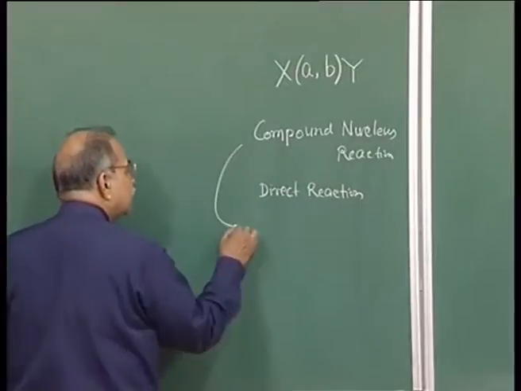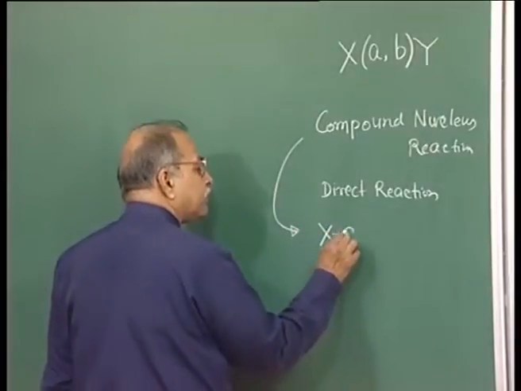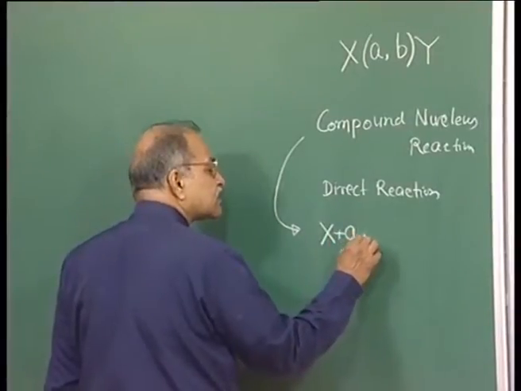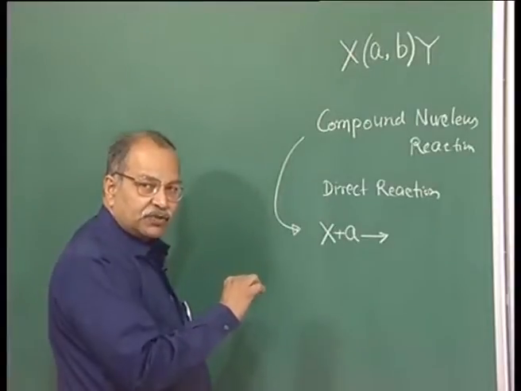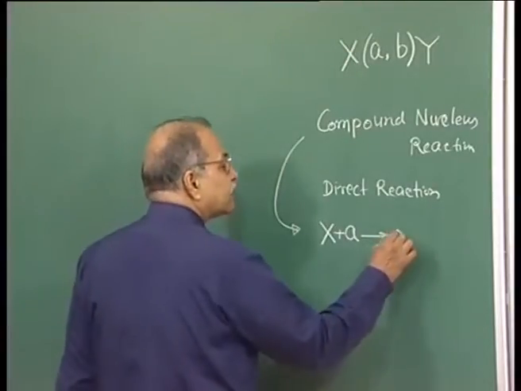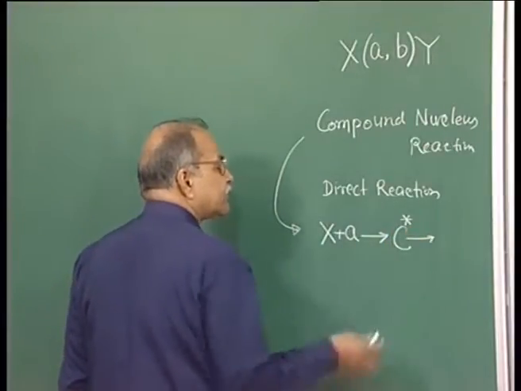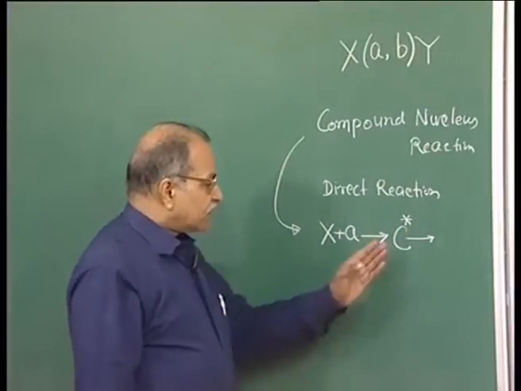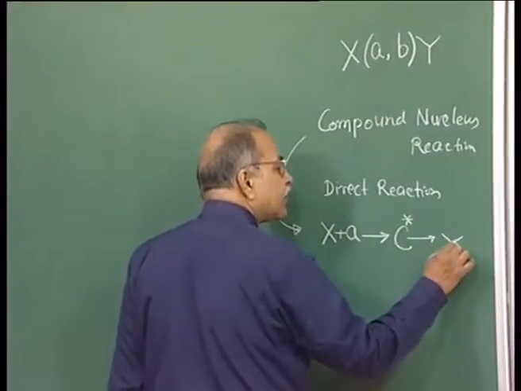In this compound nucleus reaction, it is a two-step process. So, this A falling on X gets absorbed into it for some time, and that creates a nucleus with some higher energy, and then after this the nucleus decays into Y plus B.